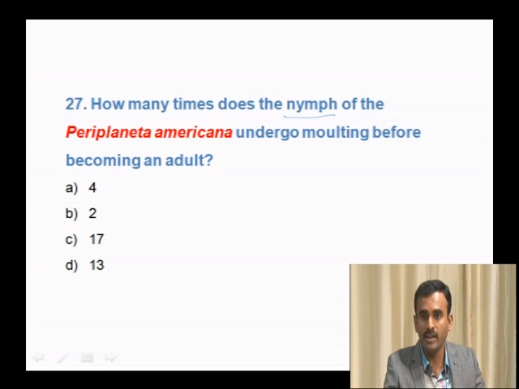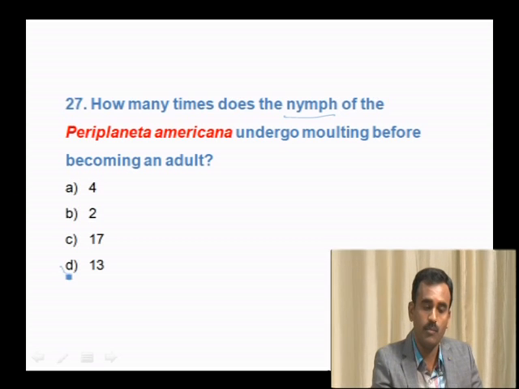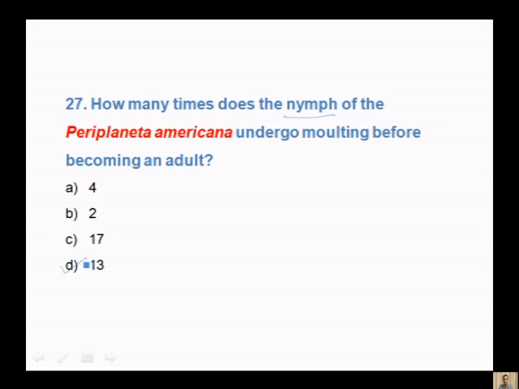Shedding of exoskeleton takes place about 13 times. 13 times molting takes place for the development of a completely developed cockroach from the nymphal stage, or from the egg to adult. So molting or shedding of exoskeleton takes place 13 times.